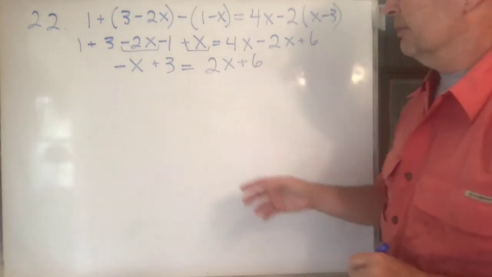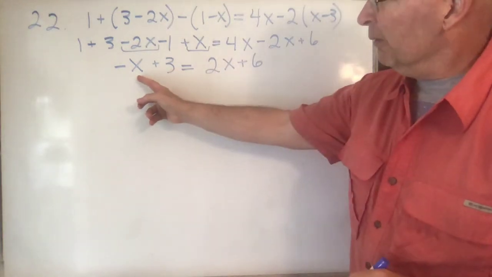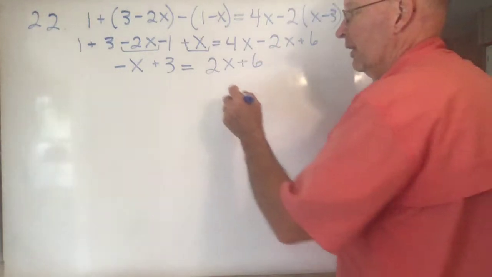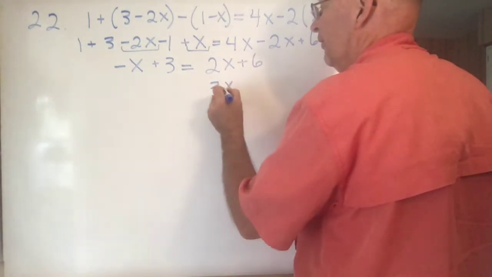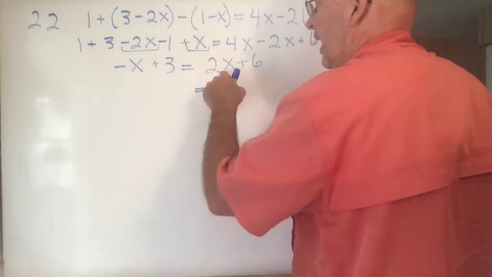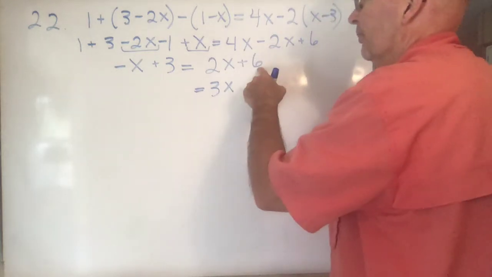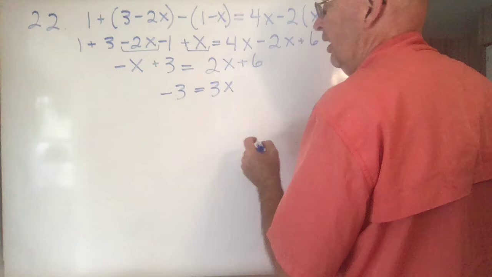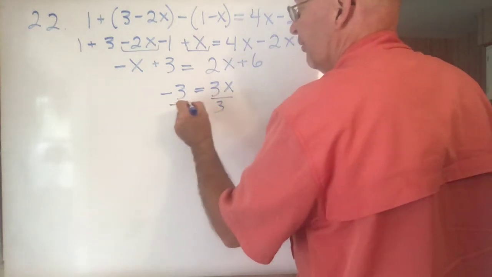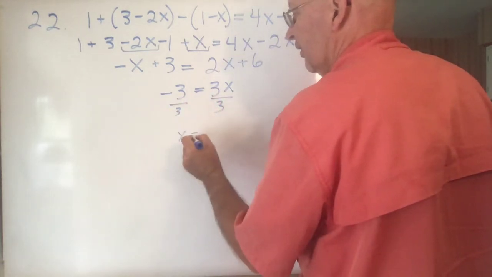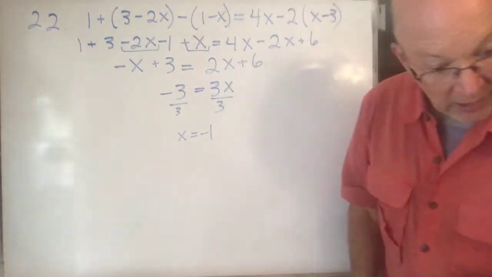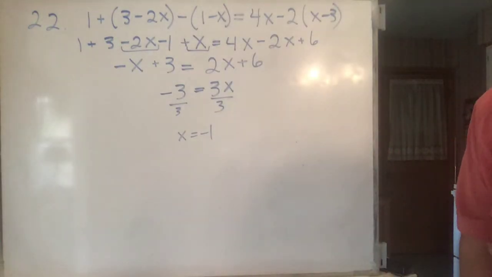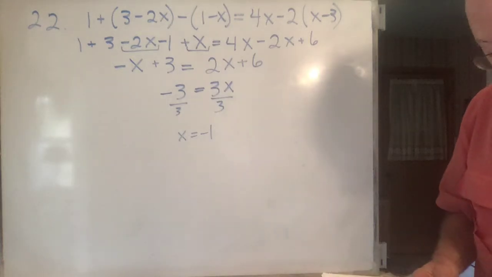And now you could either bring the x's over here and have them all be negative, or you could bring this one over here and have them all be positive. I just as soon have things be positive in my life. So I'm going to add x to both sides, and I will subtract 6 from both sides. If I subtract 6, I get this. And then you divide both sides by 3, and you get x is equal to negative 1. Hopefully that's one of the answers. Yep, it looks like it's the second answer. So there you go.